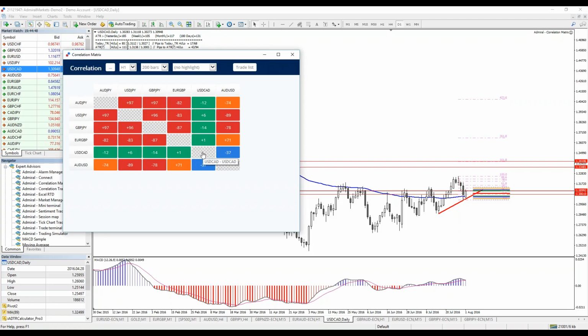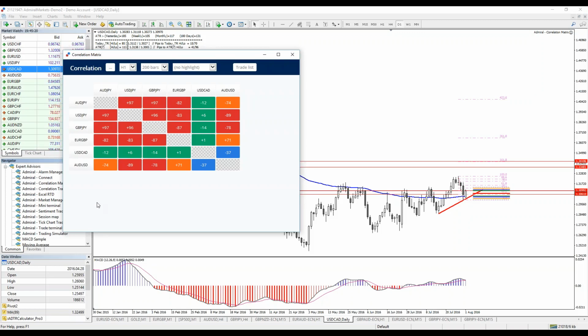Well, it's negatively correlated. Well, and Ilya, it's not that highly negative. They move in opposite direction, but it's not that strong. Not a big correlation, minus 37. So they move opposite way, but not that much.